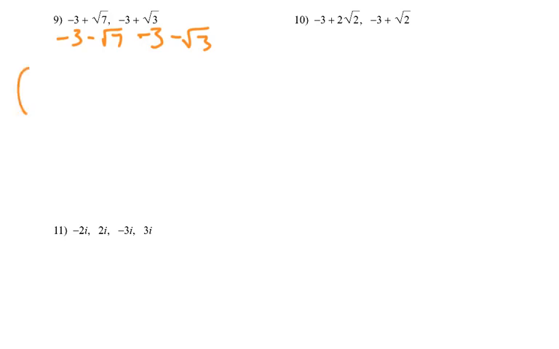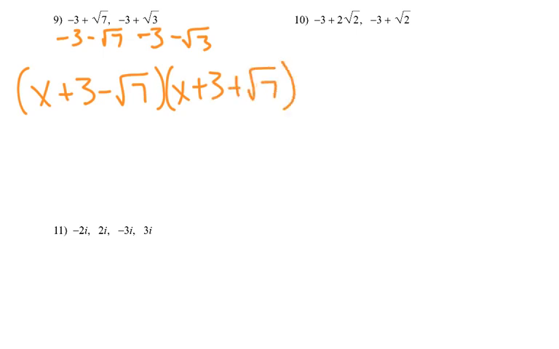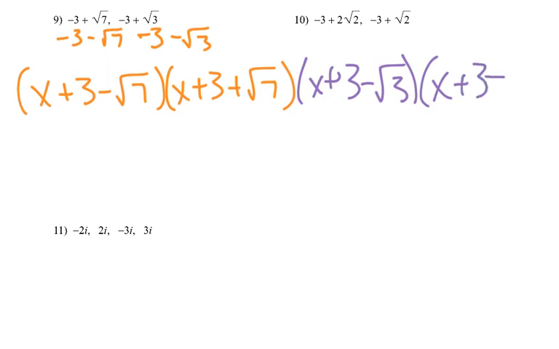Okay, so I'm going to end up going x plus 3 minus square root of 7, x plus 3 plus square root of 7. I do plus on both of these because these are both negative. And then it's going to be x plus 3 minus square root of 3 and x plus 3 plus square root of 3.